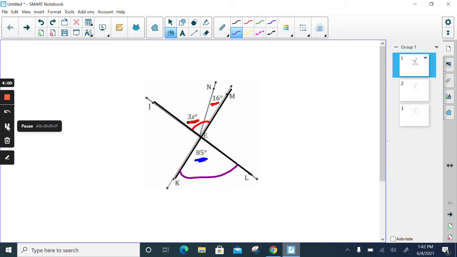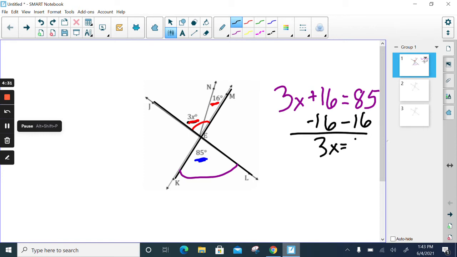Since these are equal to one another, I can say that these two adjacent angles can be added to one another: 3x plus 16. And this is going to be equal to, of course, the other vertical angle, which is 85 degrees. And once I have these here, I can actually solve this equation, subtracting 16 from both sides.